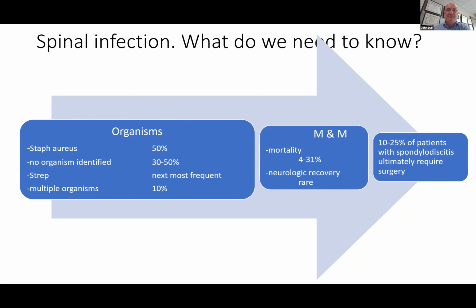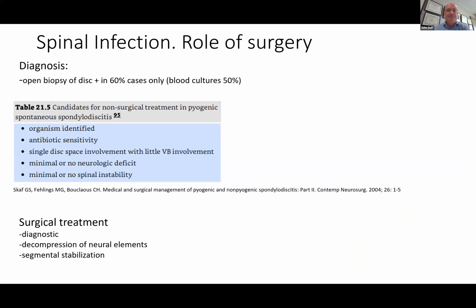So the prognosis for neurologic recovery is poor. And if you look at the overall management of these patients, and it varies geographically from country to country, anywhere from 10 to 25% of patients with this disease ultimately require surgery. So the majority are treated medically, and a certain amount are treated surgically.